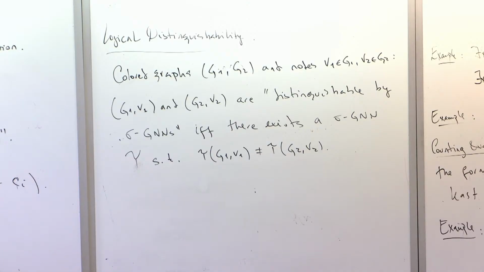Yeah? When I can distinguish two nodes in two different graphs with a sigma GNN. This is the notion of distinguishability.